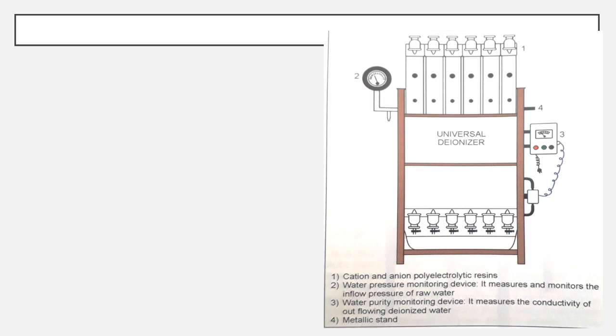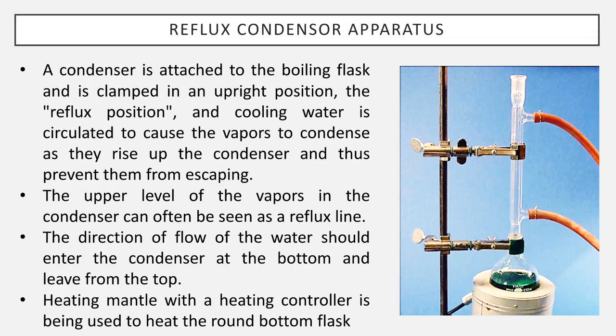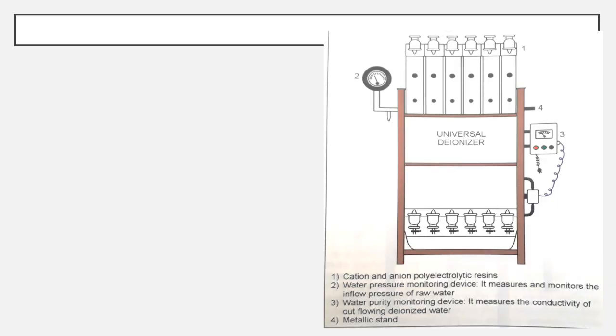So this is the diagram you should draw. This is the cation and anion resins. These are the cation and anion resins. This is the water inlet with a pressure gauge which monitors the pressure of raw water coming from tap water.